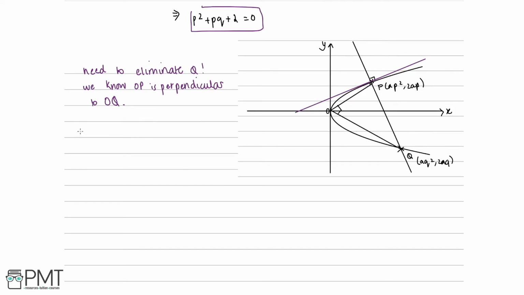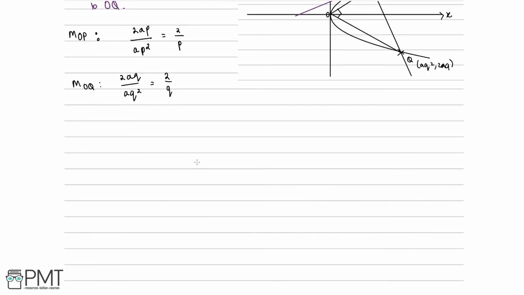Well, we know that the gradient of OP will be 2AP over AP squared, and that's just equal to 2 over p. Similarly, the gradient of OQ will be 2AQ all over AQ squared, and that would be equal to 2 over q. Now, because we know that these two are perpendicular, the negative reciprocal of one of these gradients is equal to the gradient of the other one.